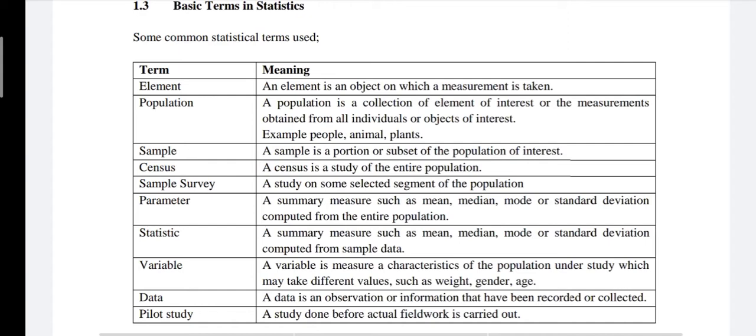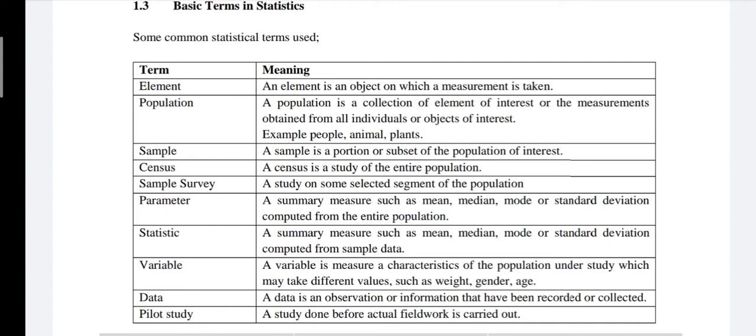Let's say nak buat research dekat UiTM regarding the student CGPA. So the population will be all the students in UiTM Kota Baru contohnya. The element adalah student. The population adalah all students in UiTM Kota Baru. The sample pula adalah a portion or subset of the population.